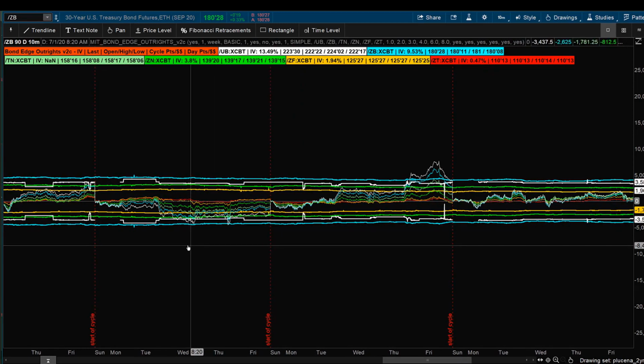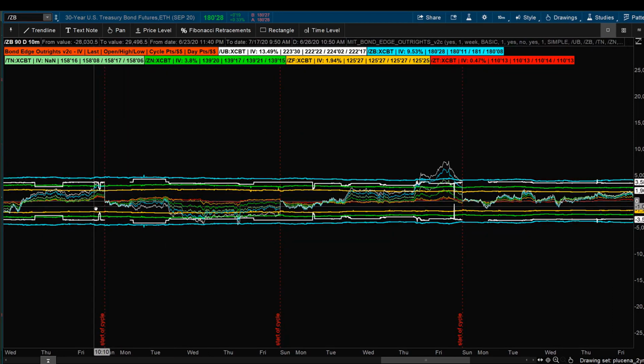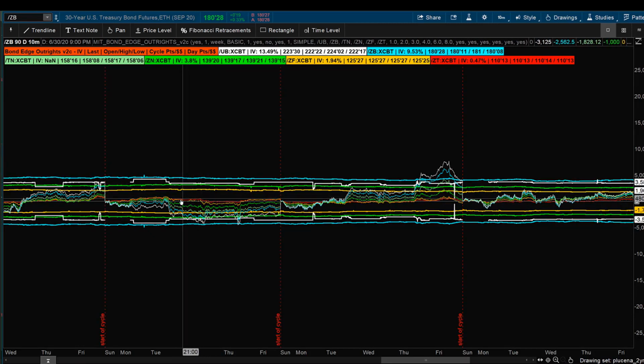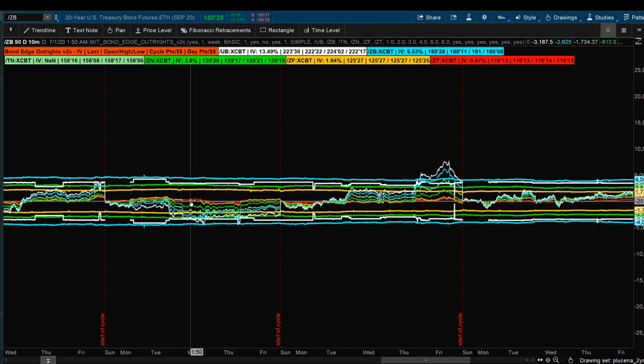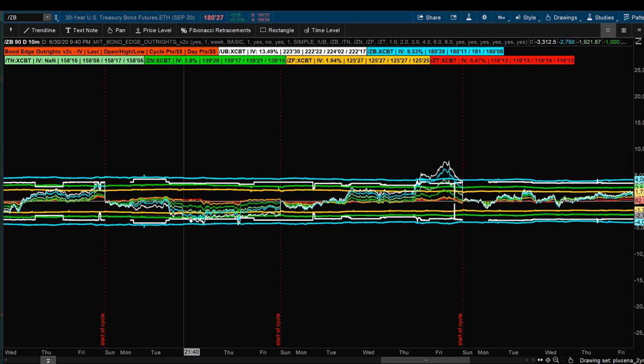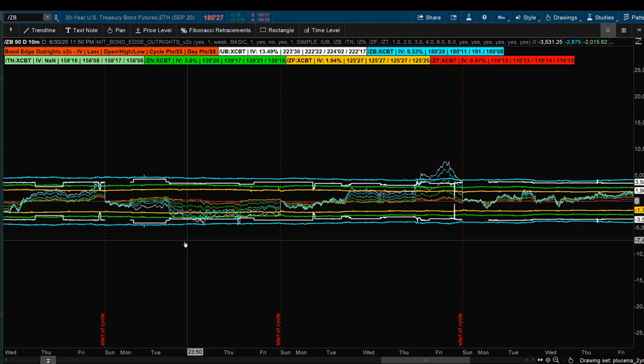So how do you trade this? Well, if you would like to bet on the rubber band being stretched out in a case like this, where the red and the yellow lines, which is in this case the short end of the curve, are going to stay up here, or at least that's your theory, and you believe that the white line or the blue line will move down, then, I mean, it's pretty simple.